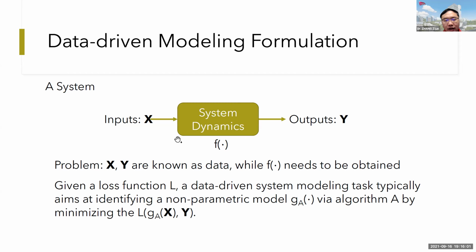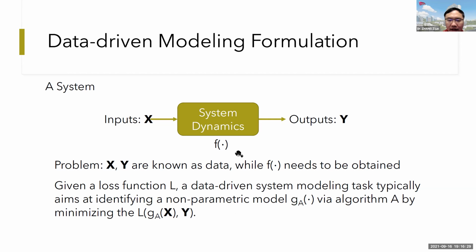We have the observed X and Y, so they are actually data points. Each observation is a data point. Then we need to use those data to obtain the function F, which represents or approximates the system dynamics. Then how can we obtain the function F?